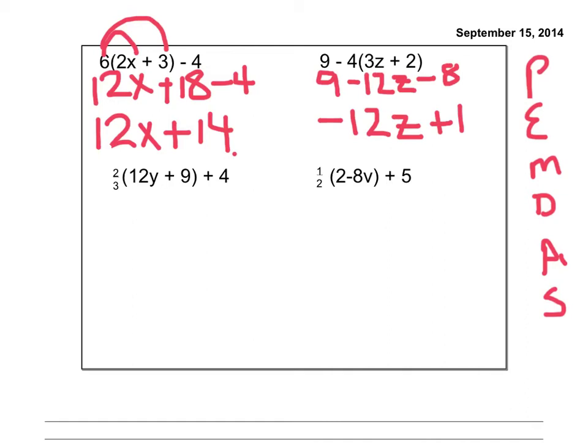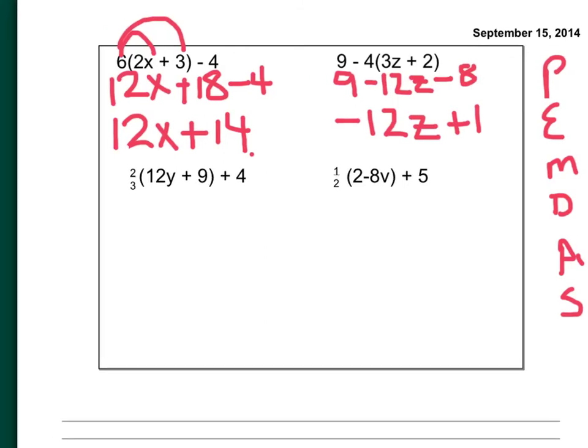Alright, the next one. 2/3 times 12y plus 9 plus 4. Once again, we've got multiplication of 2/3 times what's in the parentheses, and then we've got an addition of 4. We've got to take care of the multiplication first. So 2/3 times 12. Remember that the 12 is 12 over 1, and the 9 is 9 over 1.